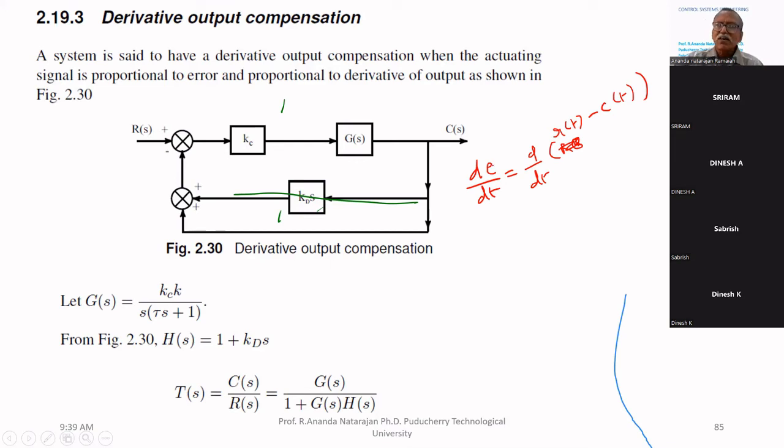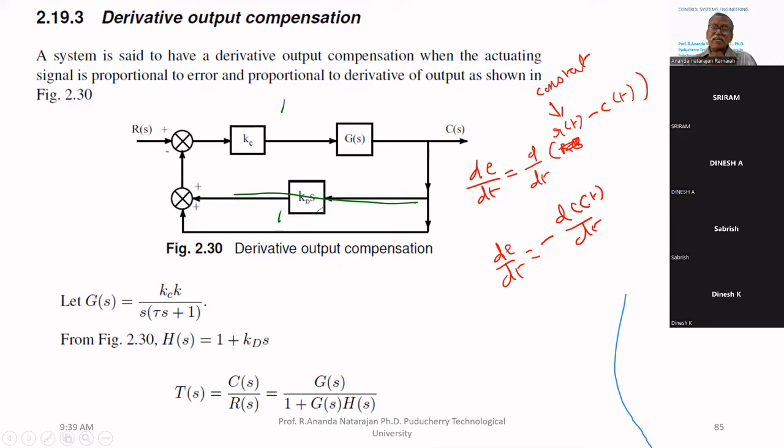It is a constant, most of the time. Therefore, if r(t) is constant, d by dt of e(t) is equal to minus dc(t) by dt. Am I correct or not?